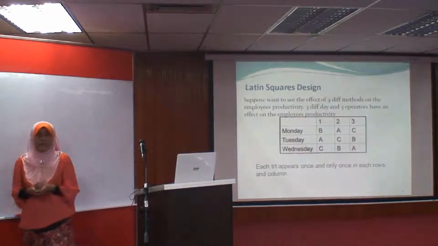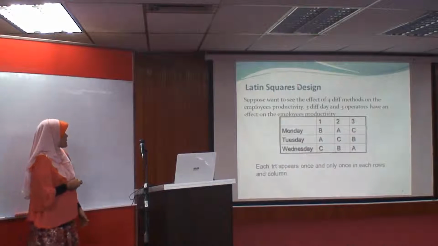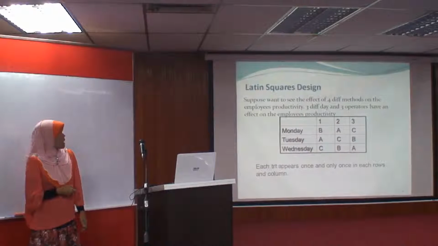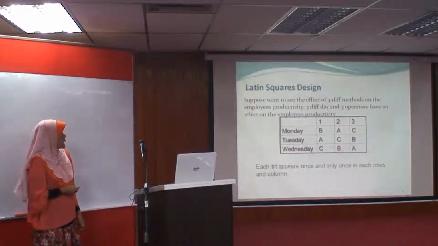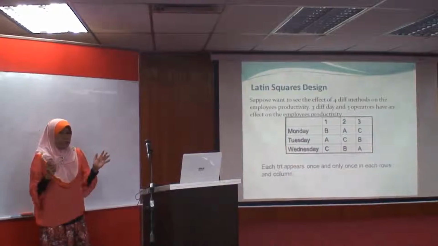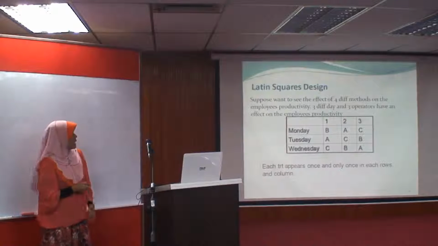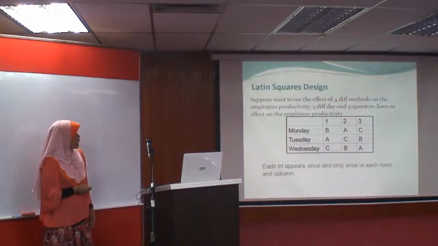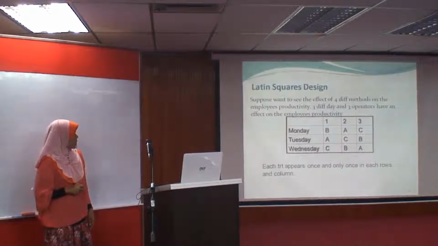So let's look at another example that I want to show you here. Let's say we want to see the effect of 4 different methods on the employees' productivity. To do this experiment, there are 2 extraneous factors, that is the different days and also 3 operators that will affect the employees' productivity.